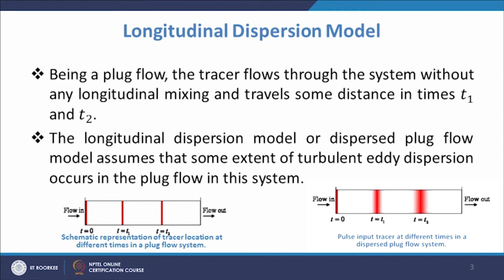At t equal to 0, this is how the tracer was, and at t equal to t1 there is some dispersion in the longitudinal direction, and at t equal to t2, when it has gone further, you will have dispersion again. The tracer will look like this because of the longitudinal dispersion occurring in the actual case.